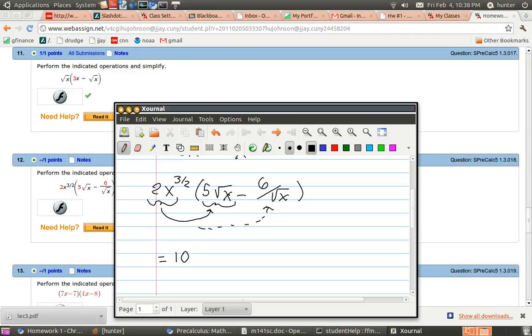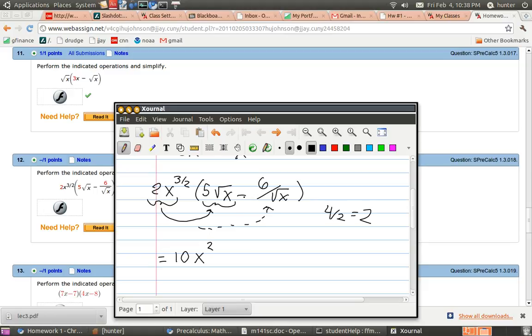Alright, and now this is x to the 3/2 and this is x to the 1/2, so when those hit each other their exponents are going to combine, and I'm going to have 3/2 plus 1/2. So what is that? That's going to be 4/2. So 4/2 is 4 over 2. That's just the same thing as 2, right? Because 4 divided by 2 is 2. So this is x squared, and that actually is a little simpler for once.